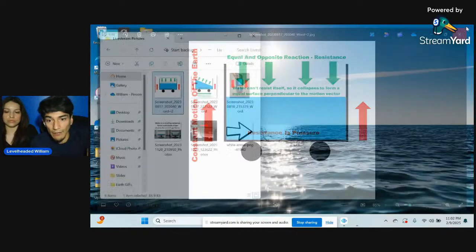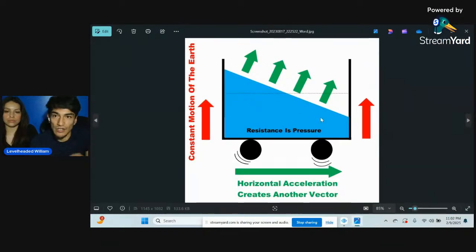But as soon as I apply a force, we can change the orientation of the water. So we have a horizontal movement of water, or a reorientation of water level relative to the direction of the new vector. We can change the vector by changing the direction of the force on the container. Applying a horizontal acceleration, a force to the right, reorientates water in that direction, and we have a new vector now.